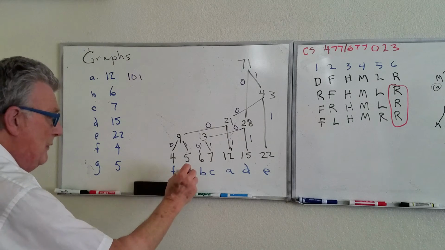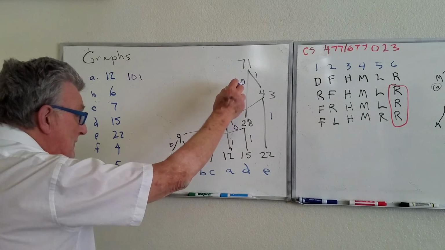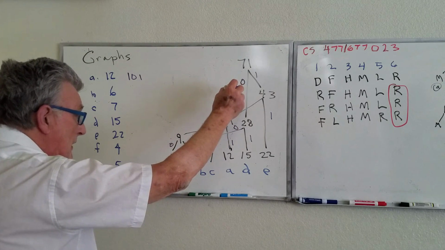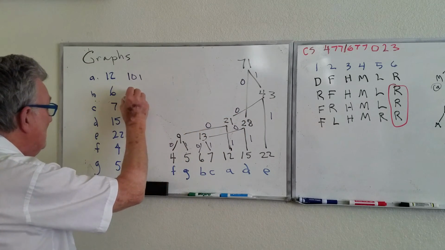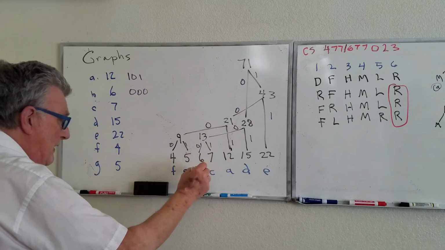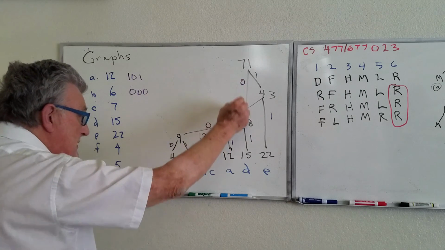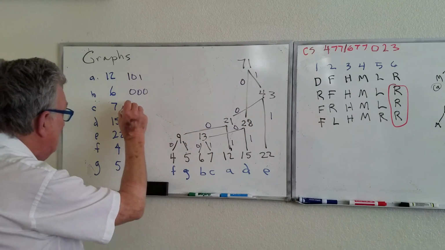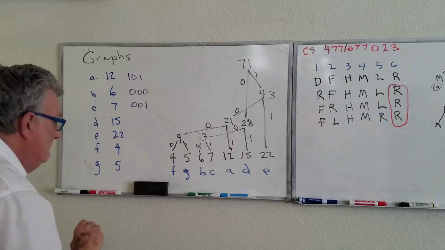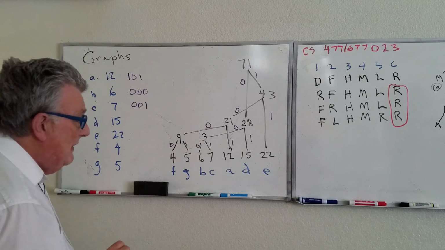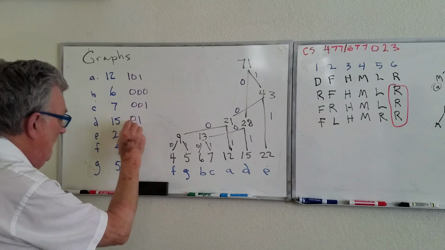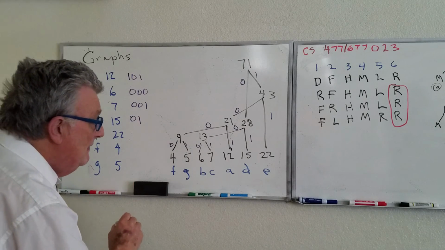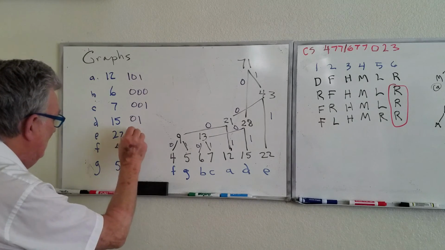For B, you would get 0, 0, 0. And for C, you would get 0, 0, 1. Now for D, I would get 0, 1. For E, I would get 1, 1.